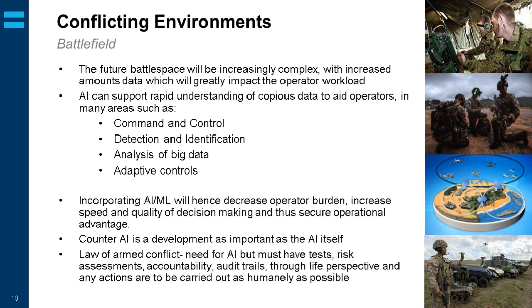Now, there are a few issues with this. I think counter AI is something that gets overlooked. What I mean by that is the adversary, the people that we're up against, are already utilizing this type of technology, right? So how are we going to protect ourselves from that technology too?